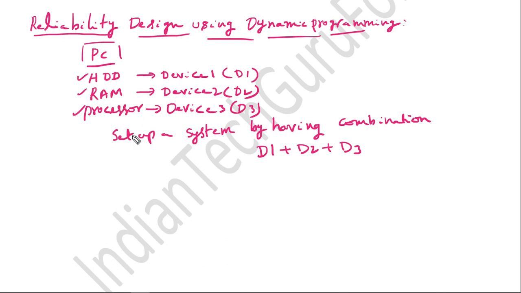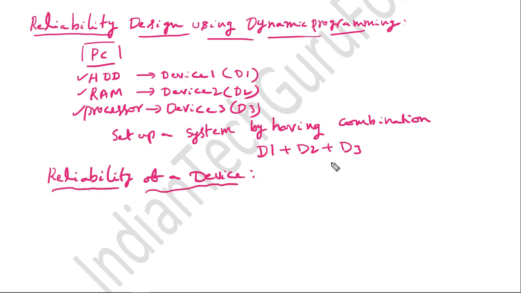In reliability design, we need to define the reliability of a particular device. The reliability of any device ranges from 0 to 1.